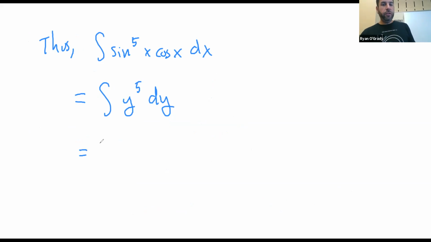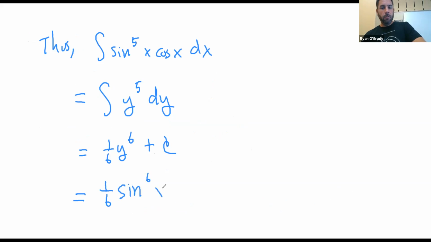And of course, this is 1/6 y to the power 6 plus c. Then the very last step is that we have to get our original currency, which was x. So I'll replace y with what it's equal to in terms of x, and that is 1/6 sine to the power 6 of x, plus c.